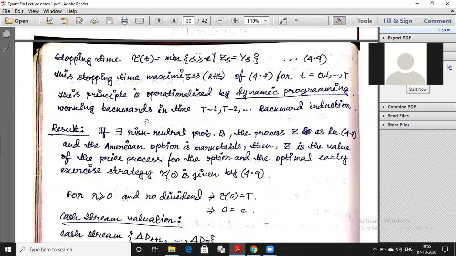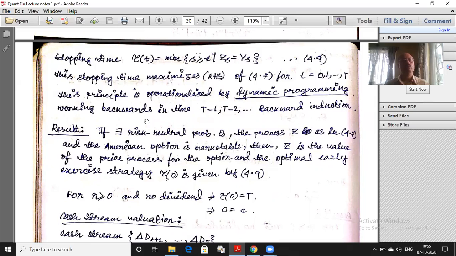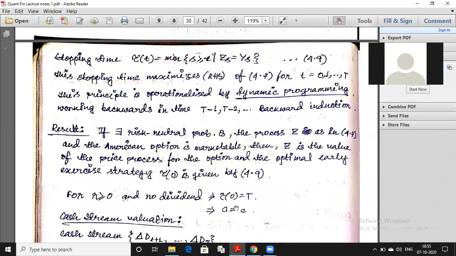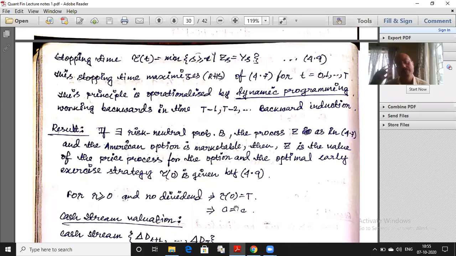Now, we have already seen situations where we do not exercise early. We have seen an example like that. So what does it mean in this notation? In this notation, the same result can be restated: if I have a constant interest rate and no dividends, then my tau 0 will be equal to capital T, which means my stopping time is at expiry. I do not exercise before.